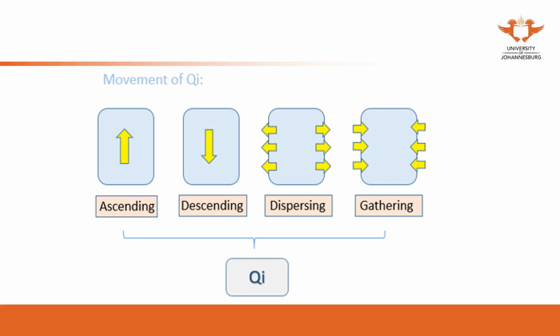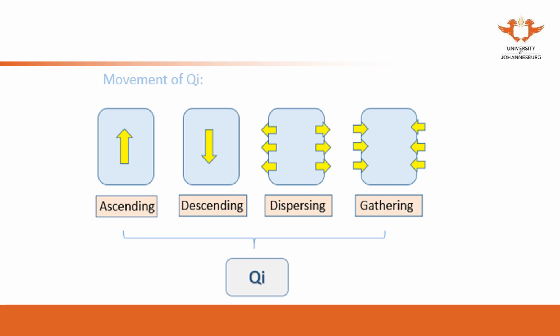That's why we can apply these movements to analyze our human health. In order to analyze human health from the movement of qi, we need to understand the normal movements of qi in order to identify the abnormal movements. For example, when we breathe, when you inhale and exhale, your chest moves forwards and upwards.